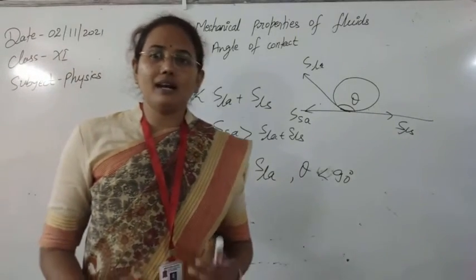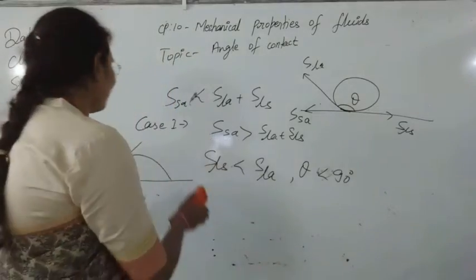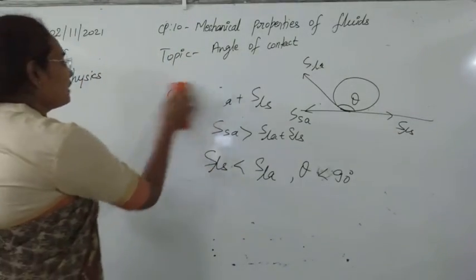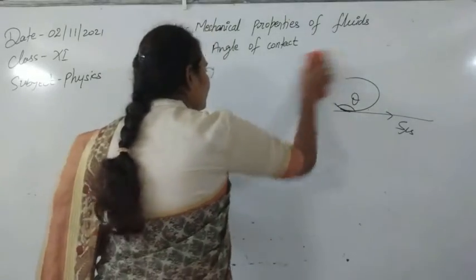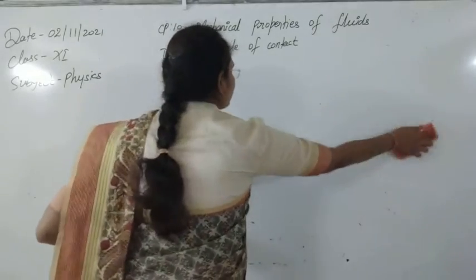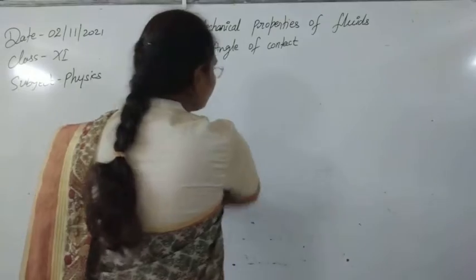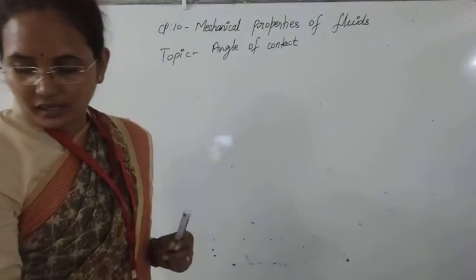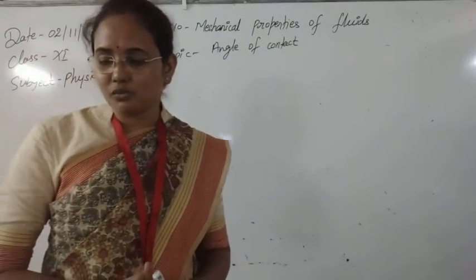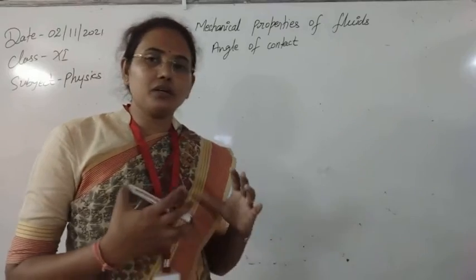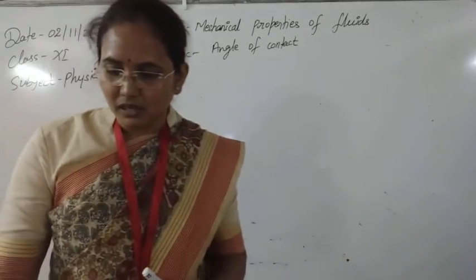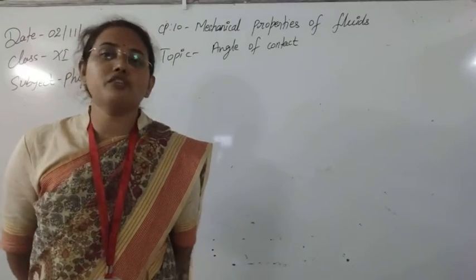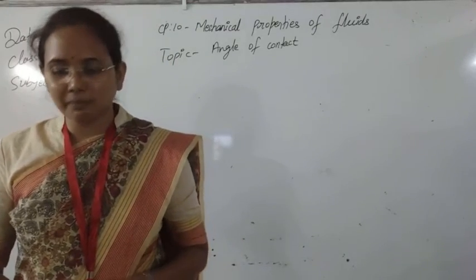That is, whether it will interact with the surface or not, and according to that we can also have knowledge of the force of cohesion and force of adhesion. So the angle of contact is a very important concept. Now let's see on which factors the angle of contact depends.